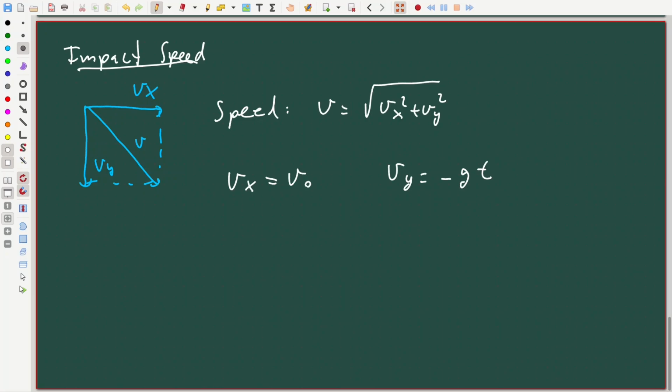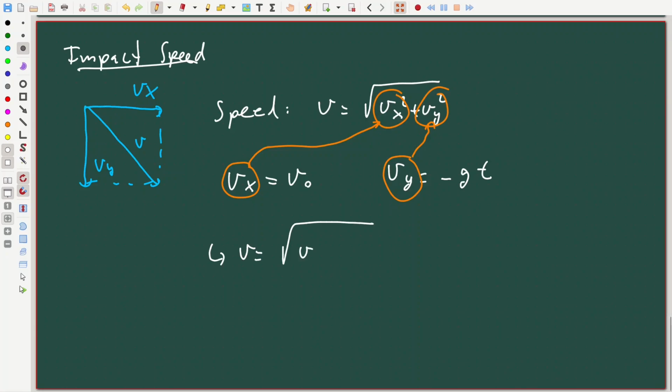And if we insert this into our equation here, then we get the following. We can write now v, the total speed, as the square root of v0 squared plus (g times t) squared.